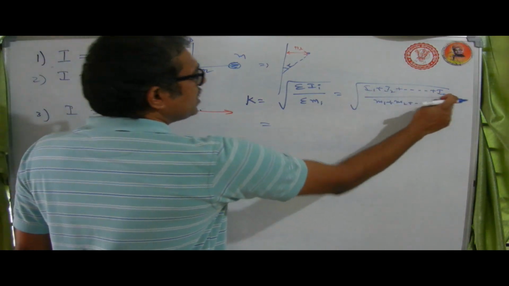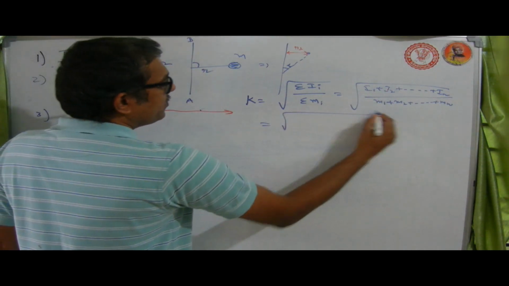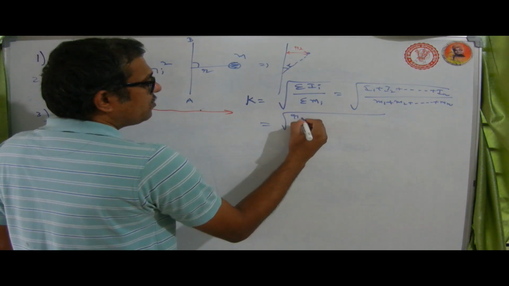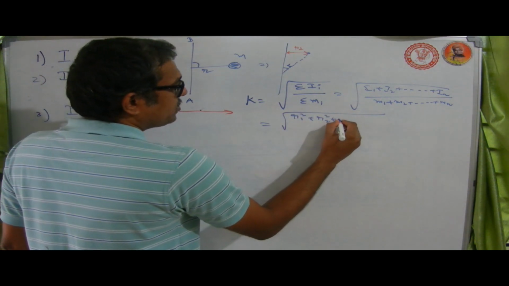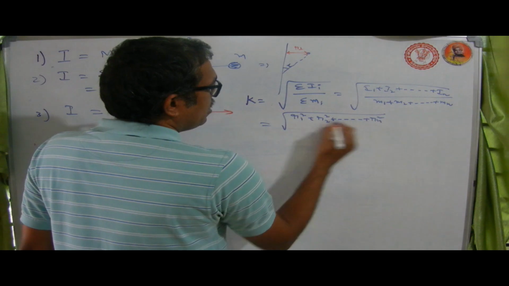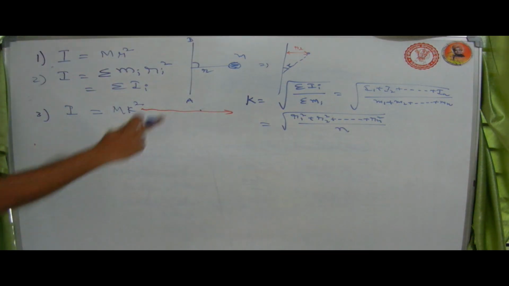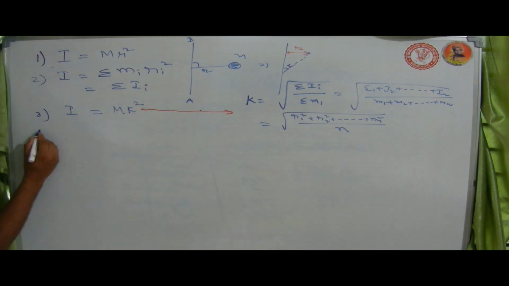If all masses are the same, then k square becomes r1 square plus r2 square plus up to rn square by n. This is the formula for radius of gyration based questions.